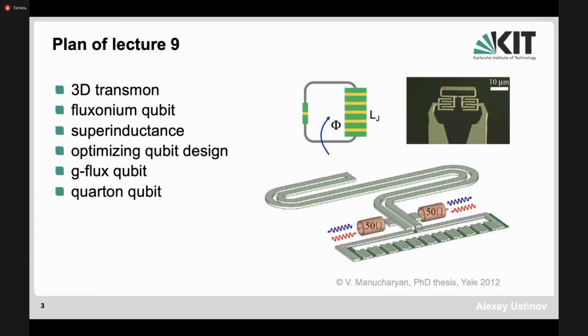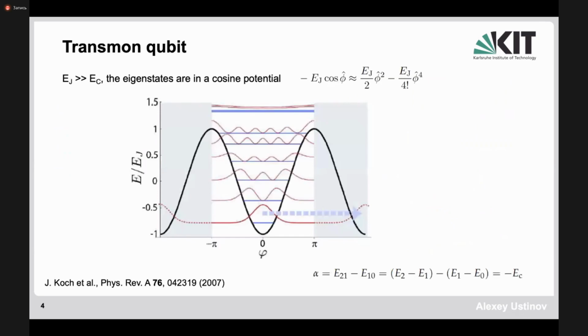So let's remind again what a transmon is. As you remember, a transmon is simply a Josephson junction which is shunted by a capacitance, making its charging energy significantly smaller than the Josephson energy.